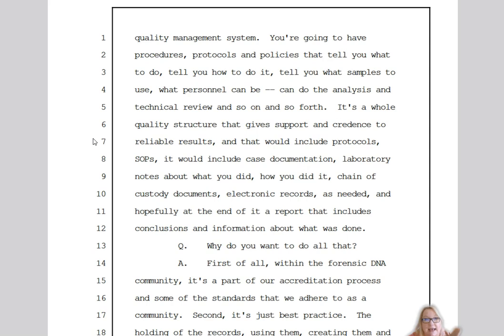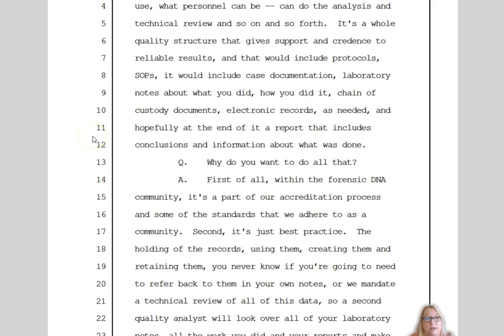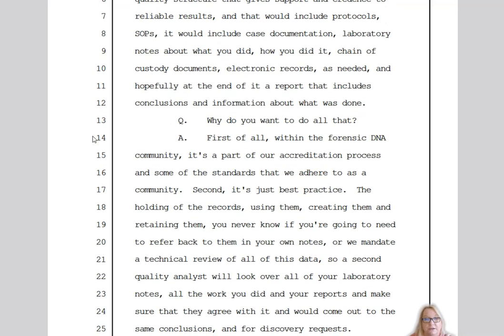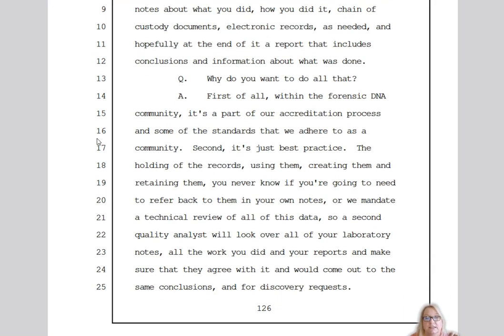Who has access? It's a whole quality structure that gives support and credence to reliable results, and that would include protocols, SOPs, case documentation, lab notes about what you did, how you did it, chain of custody documents, electronic records as needed, and hopefully at the end of the report, it includes conclusions and information about what was done. Remember, the defense asked about the Othram report that didn't say nothing.